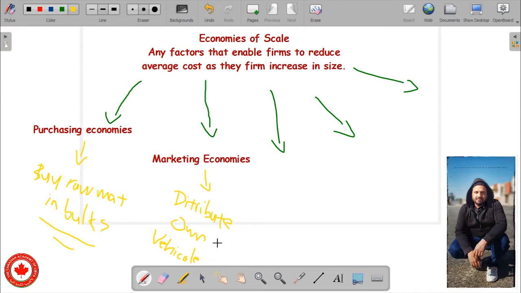When they have their own cars, it means that they don't need other firms to distribute the product. So they are able to reduce the average cost of the production process by distributing with such a method.